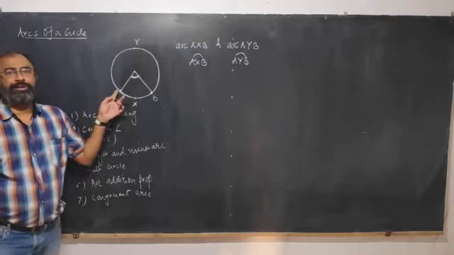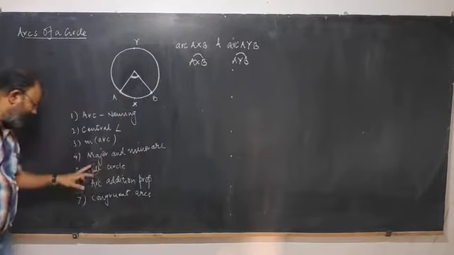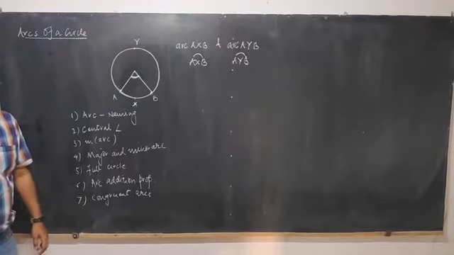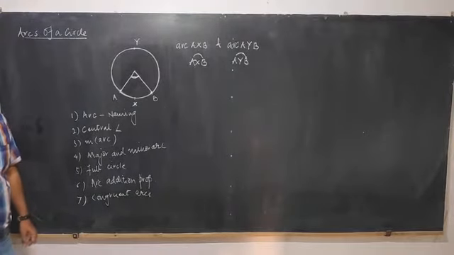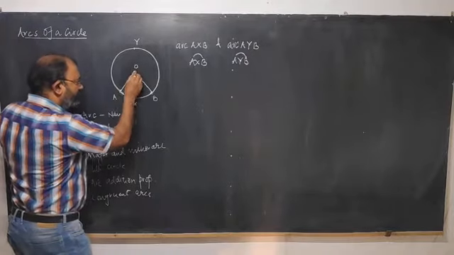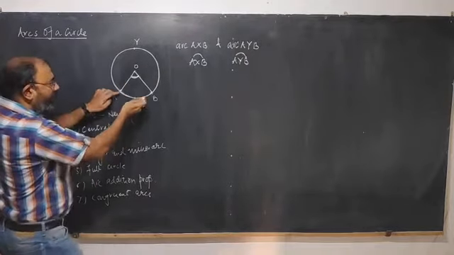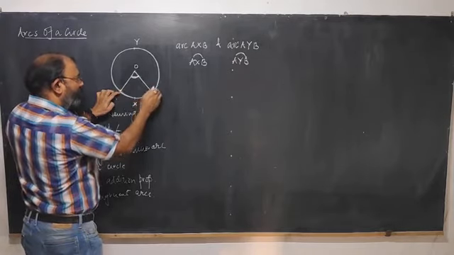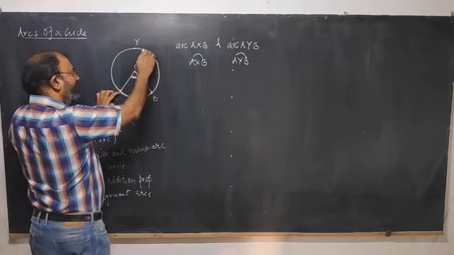I want to differentiate major and minor arc. Now, if I fix segment or radius OA and keep moving OB, the measure of the arc will go on increasing.